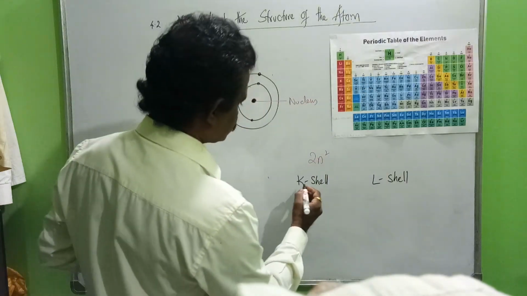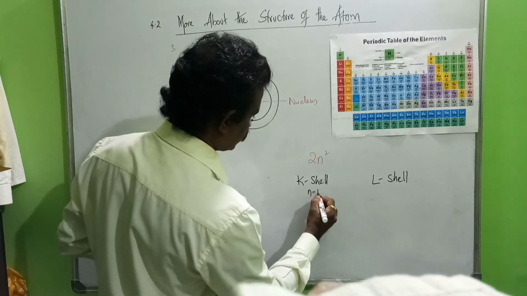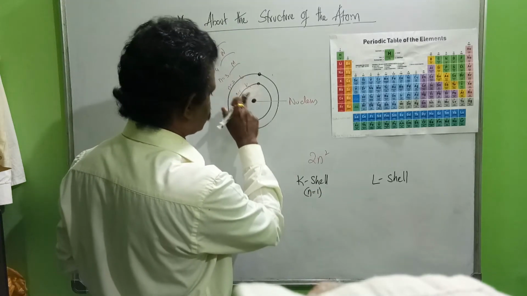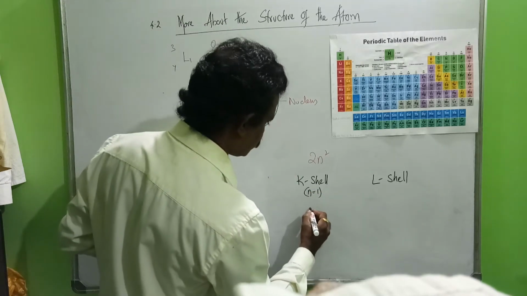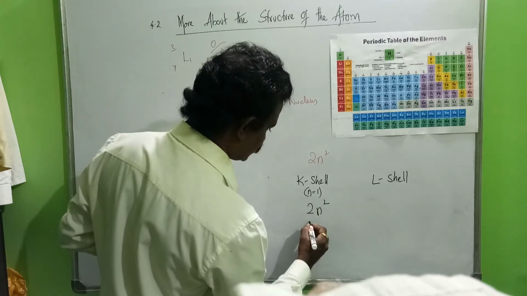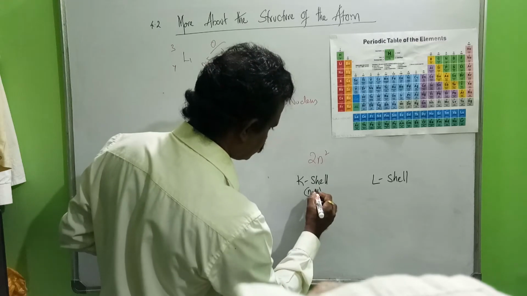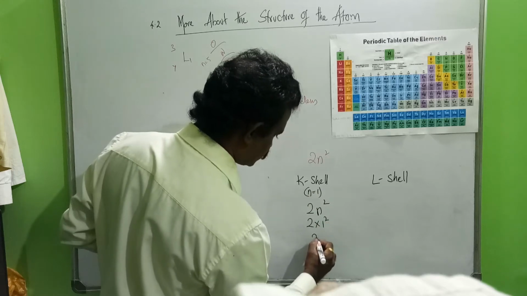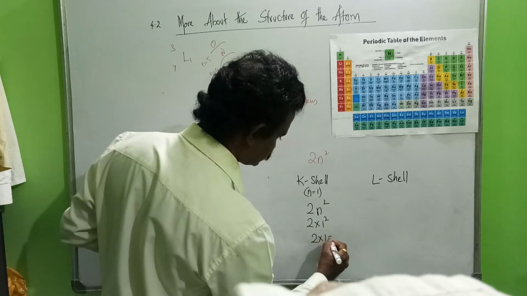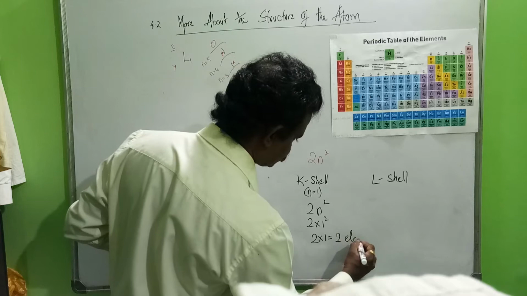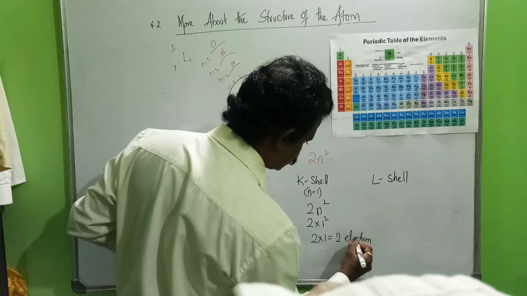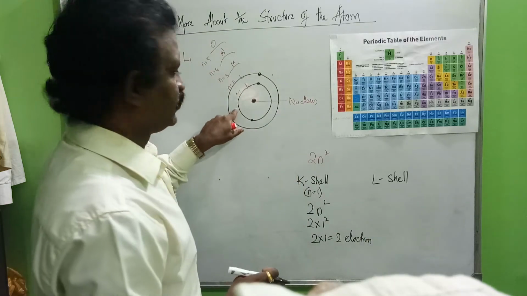Now, what is the n value here? N value is 1. Why? Because it is very close to the nucleus, the first one. So here you use this formula, 2n square. Now 2 into n square is what? 1 square. That becomes 2 into 1, 2 electrons. So only 2 electrons will be accommodated in K shell.